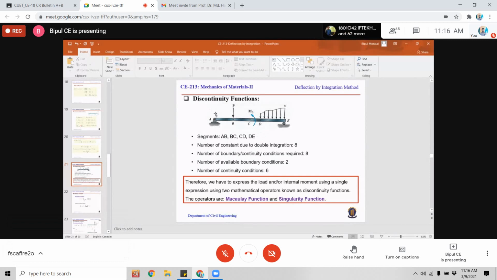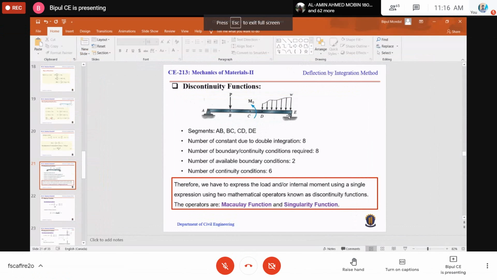That is one boundary condition. Another boundary condition is here: when x is this length, then the deflection is 0. So there are two boundary conditions, but we need 4 boundary conditions.